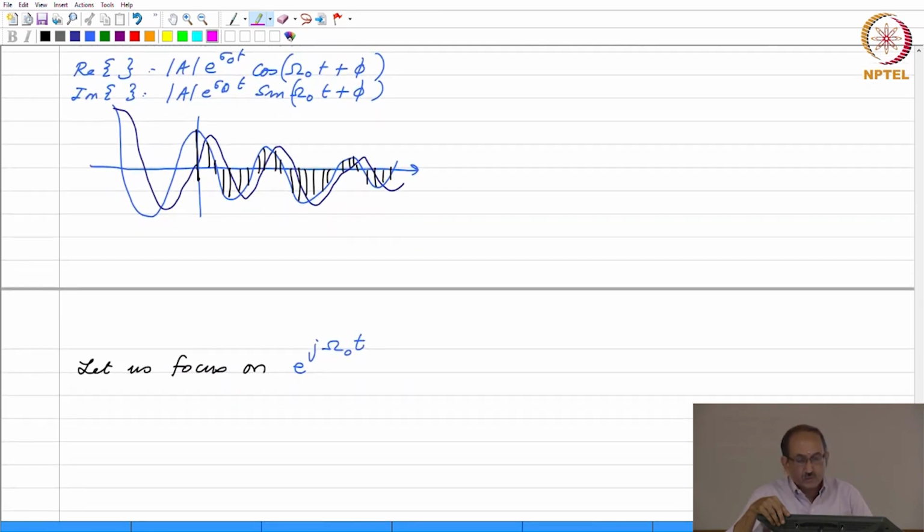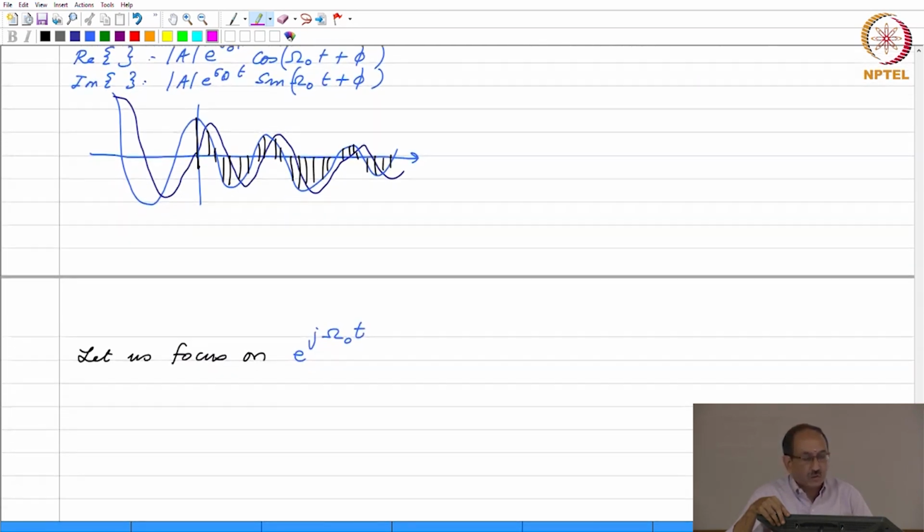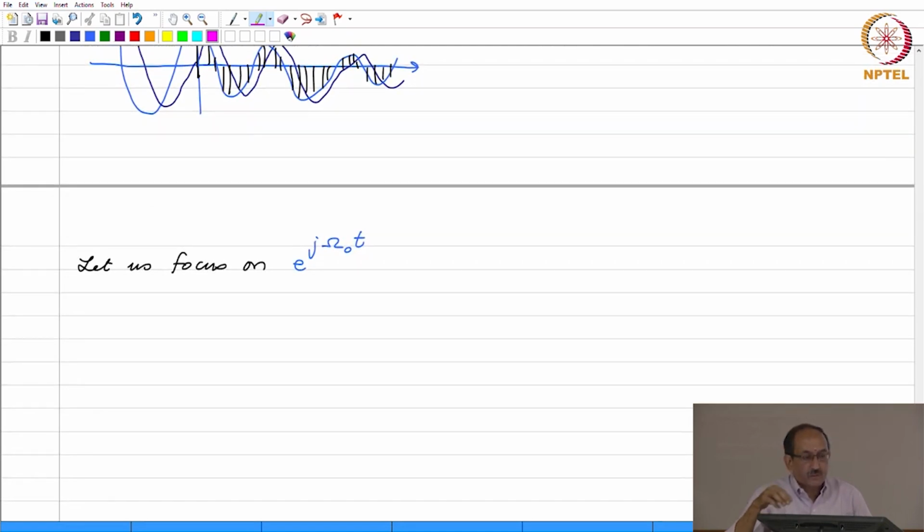Now, are there differences? To see what the differences are, we focus on e power j cap omega naught t. So, this is a pure complex exponential, and x of t plus cap T equals x of t.